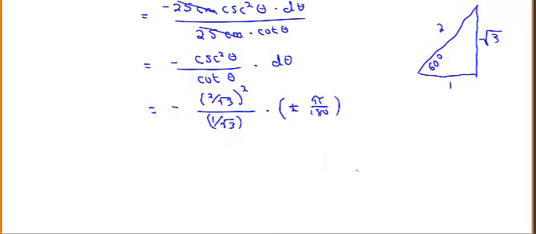Okay, let's take a look at this. We'll have a negative or positive, just like before. When this is positive, this whole quantity will be negative. When this is negative on the bottom, this whole quantity will be positive. And we'll have 2 squared over square root of 3 squared, so that'll be 4 thirds times, multiply by the reciprocal, square root of 3 over 1, times pi over 180.